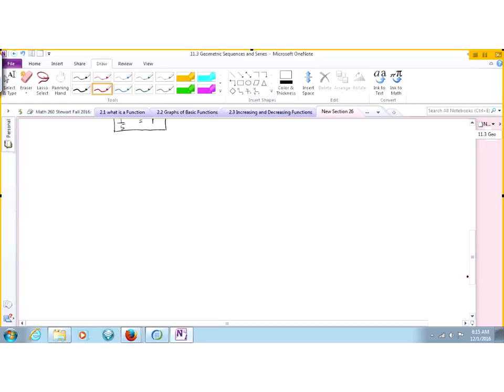All right. So next, let's see. B. The sum of the first n terms of a geometric sequence.